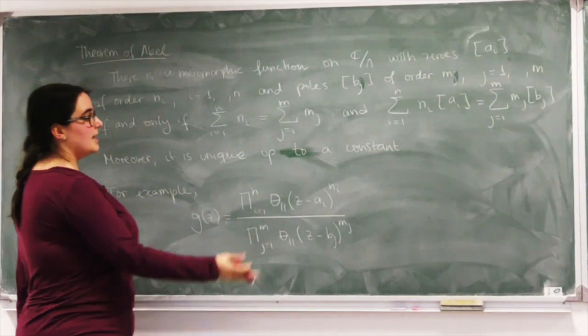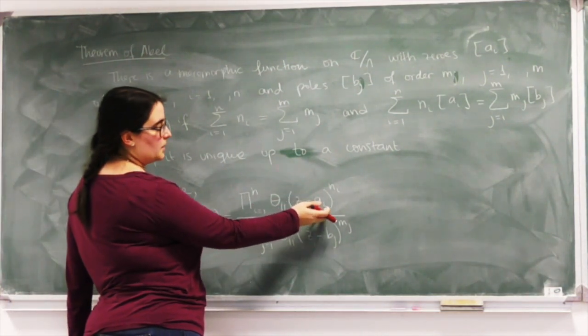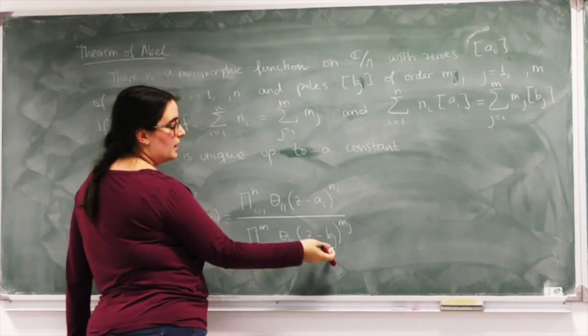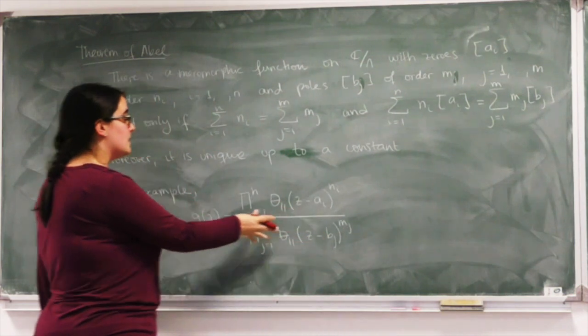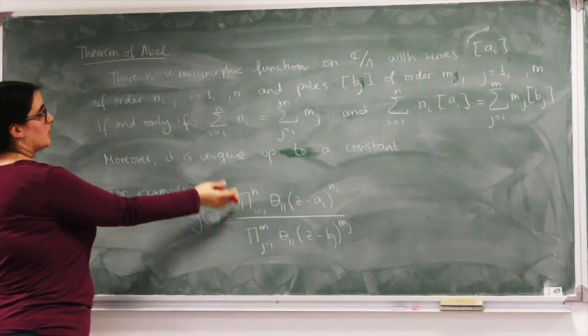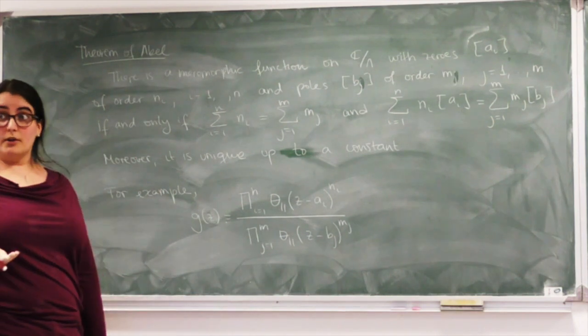And this will have exactly zeros at a_i of order n_i, and poles at b_j of order m_j. So this is, up to a constant, the function that satisfies the hypothesis of the theorem.